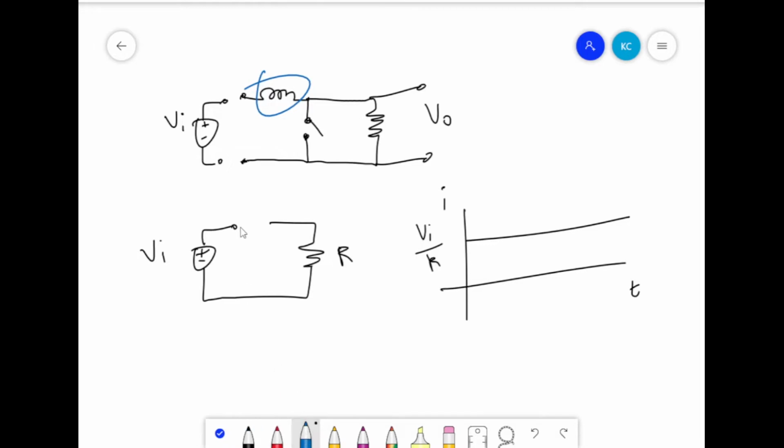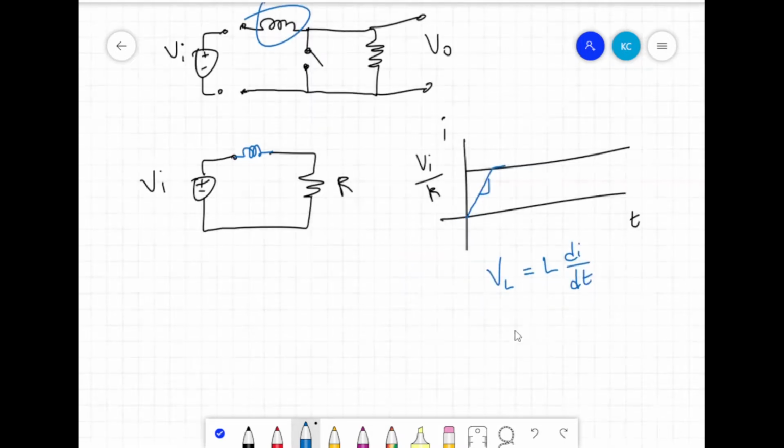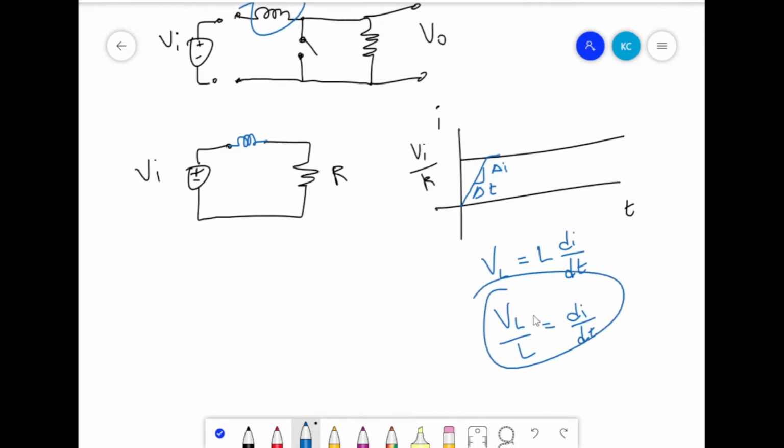By adding this magical component right here, we now get an inductor lag. So this graph is going to look the same, but we're going to have a little bit of a lag like this until we reach this point. And this is given by the slope. We can solve for the slope, and this slope is given to us with this equation.